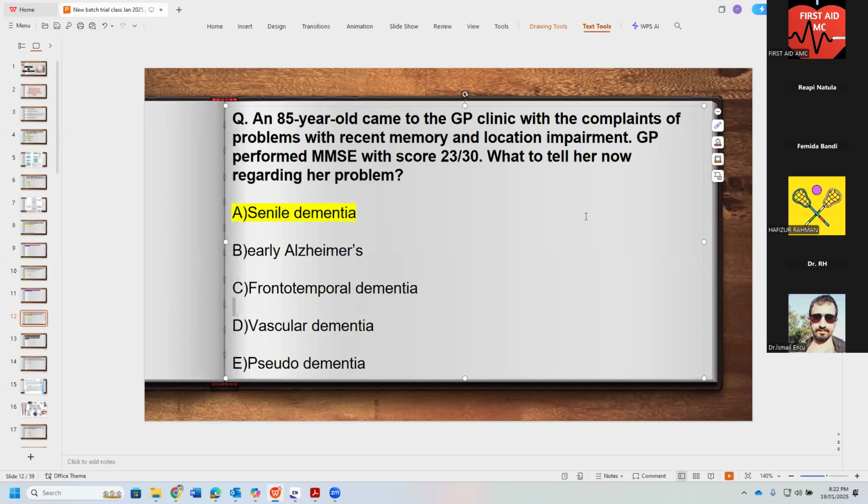Alrighty. Next one is frontotemporal. Frontotemporal dementia is the kind of dementia in which it's also a neurodegenerative process, guys. But it's much more rare than Alzheimer's, vascular, Parkinson's dementia, right? The only thing that I used to remember frontotemporal dementia is personality changes.